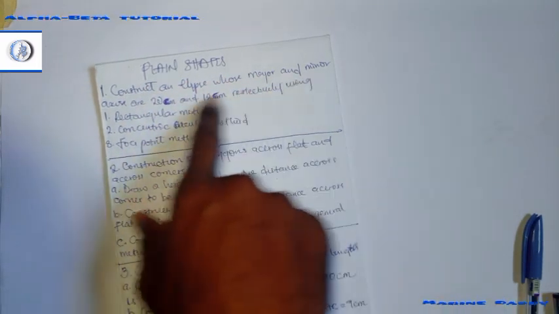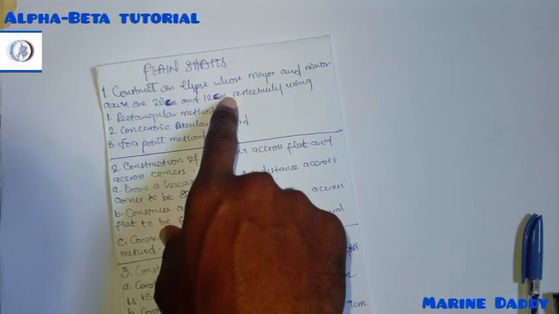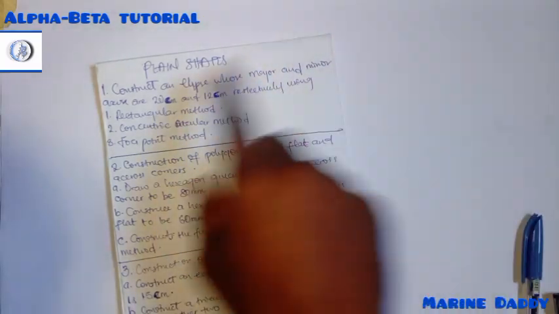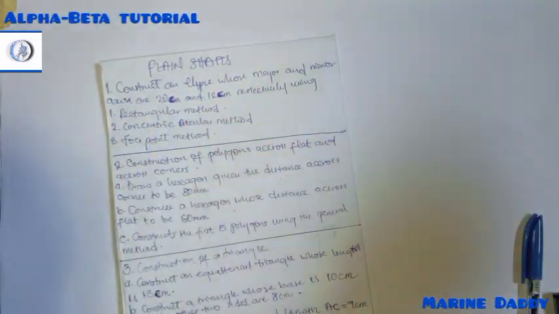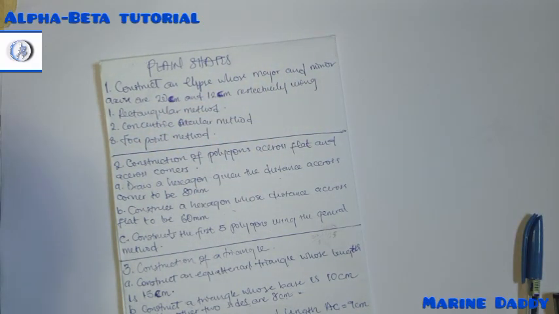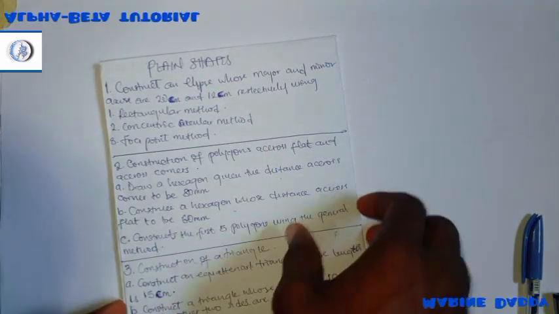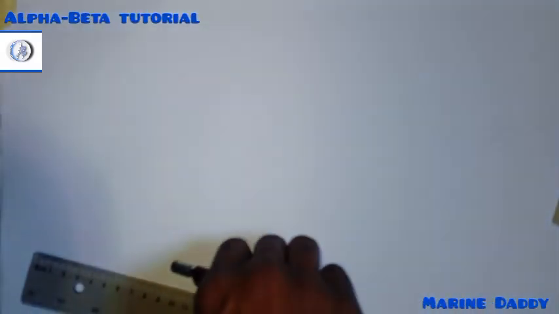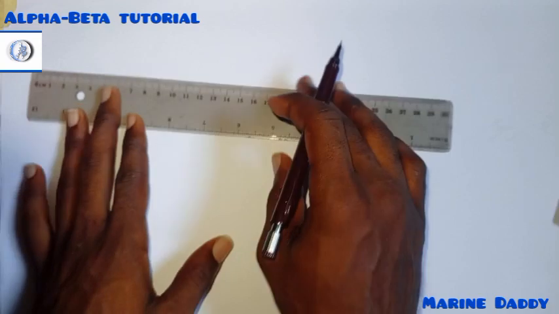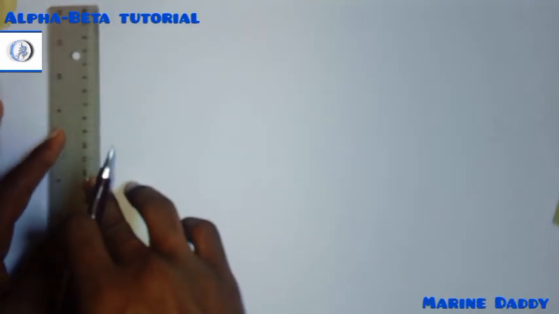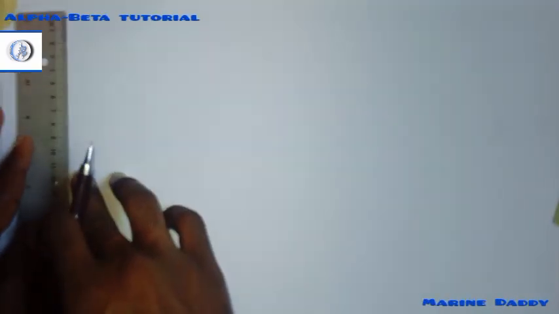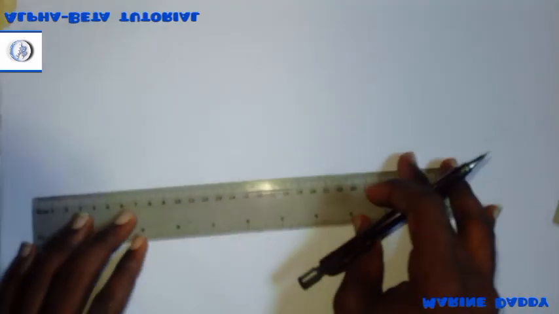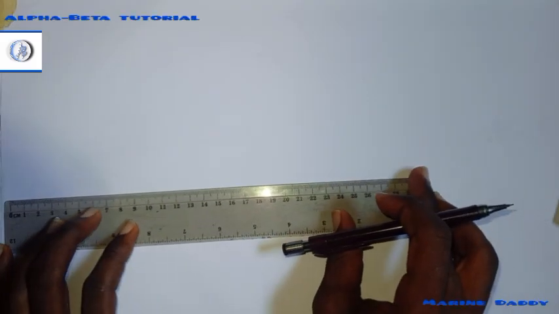Construct an ellipse whose major and minor axes are 20 and 12 centimeters respectively, using the rectangular method, circular or concentric method, then the focal point method. So we are going to do all of them one after the other. Starting with the rectangular method, what you need to do is to construct your rectangle first, before you draw the ellipse. So for my rectangle, I did this.